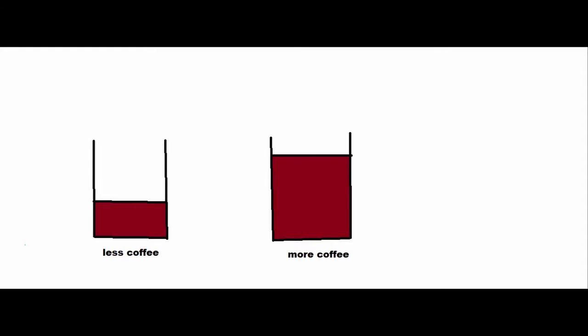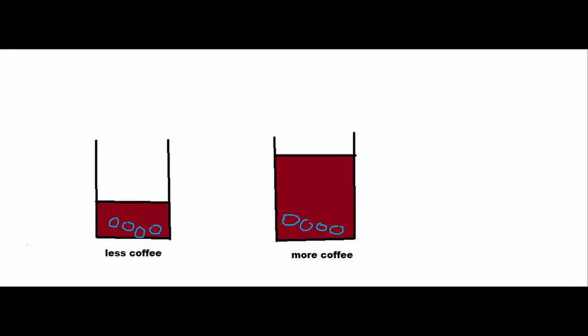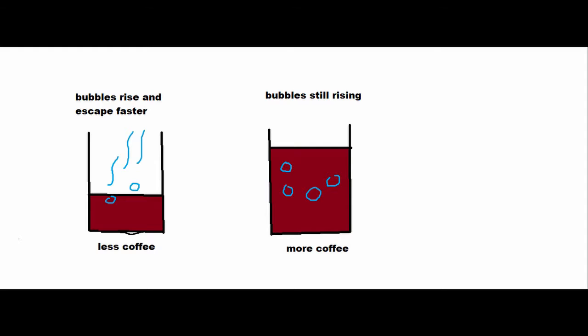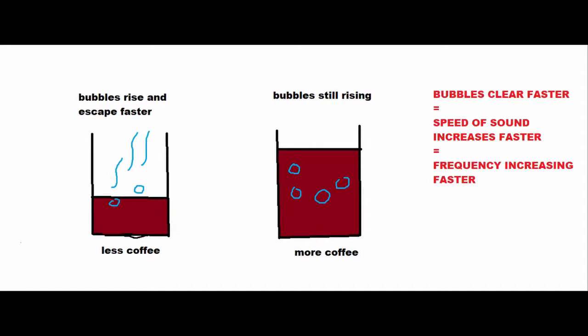The physics behind this is that with lesser water there's lesser space for air bubbles to exist, which means that air bubbles go up to the surface and burst faster. Therefore, velocity increases faster, and when velocity increases faster, it means that pitch rises faster.